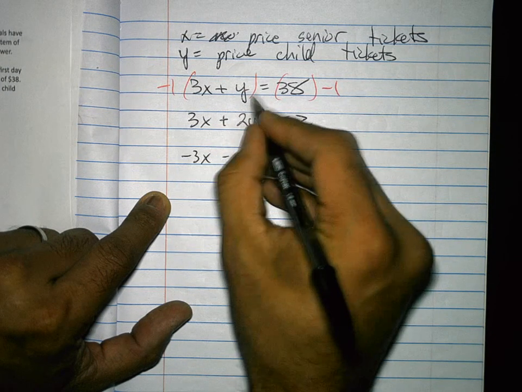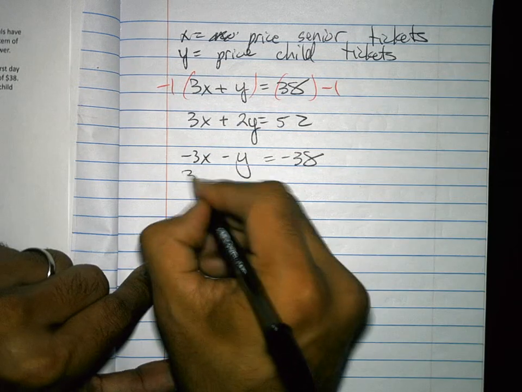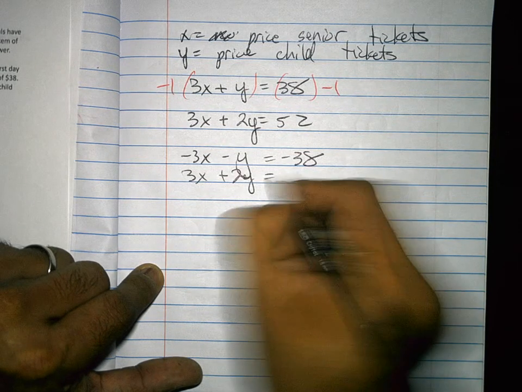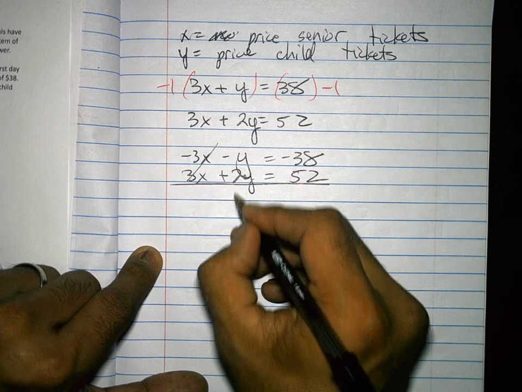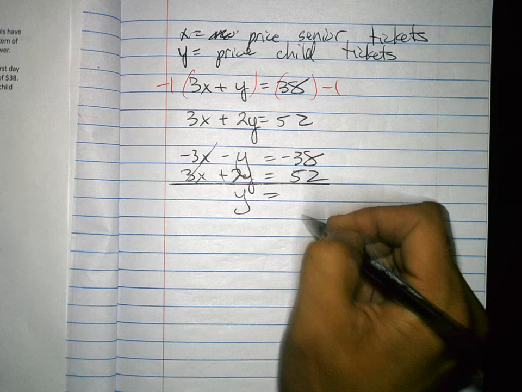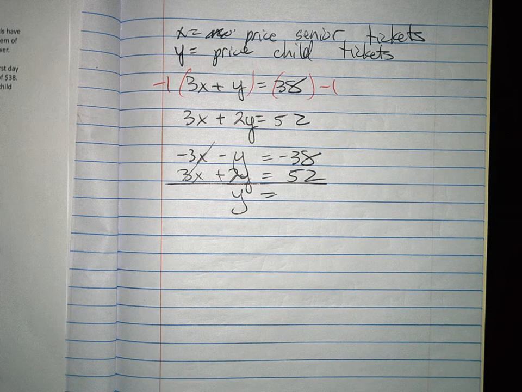Don't forget to distribute to this second number. -38, and then 3x plus 2y, 52. Those are my opposites, and I get y equals, right? So then I subtract those right there. Okay. And then it'll give us the price for y, which is child's tickets.